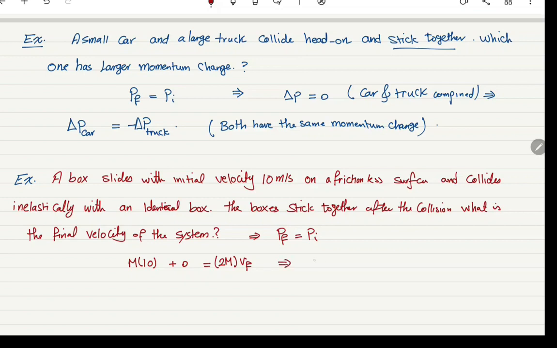In this case, v final equals 10m divided by 2m, or in other words, it's equal to 5 meters per second.